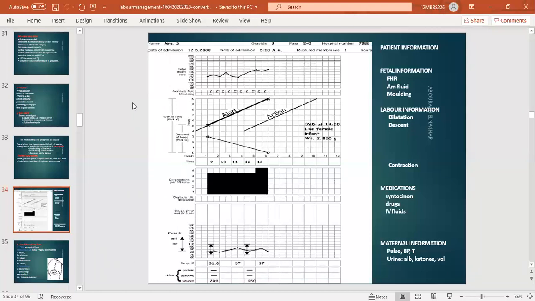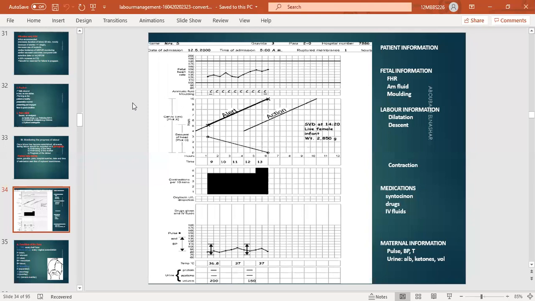So you can see that this graph is between 110 and 150. Previously it has been said that it is 120 to 160. So in some books it is written that the normal fetal heart rate is 120 to 160 per minute, while nowadays it is 110 to 150. So you can see it should not be more than 160, it should not be less than 110.